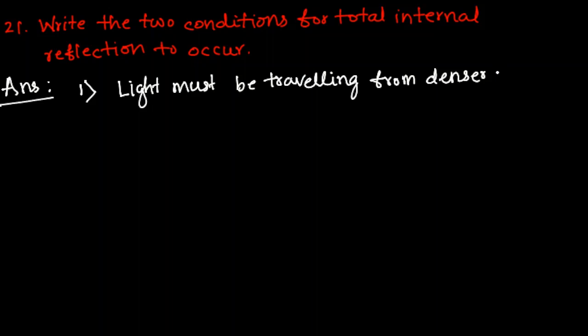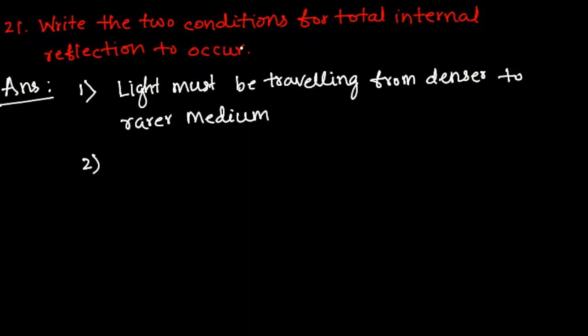Total internal reflection takes place only if light is moving from denser to rarer medium. Total internal reflection cannot take place if light is moving from rarer to denser medium, because when light moves from rarer to denser medium, the angle of refraction will be lesser than angle of incidence.